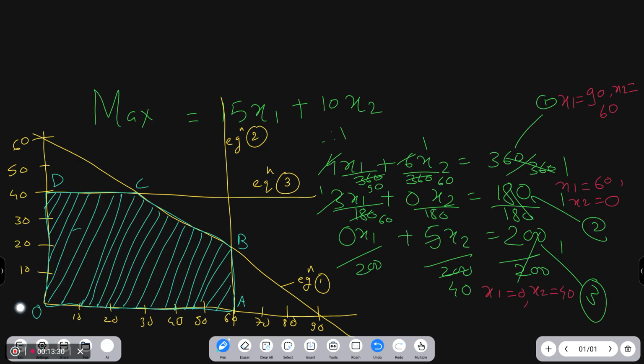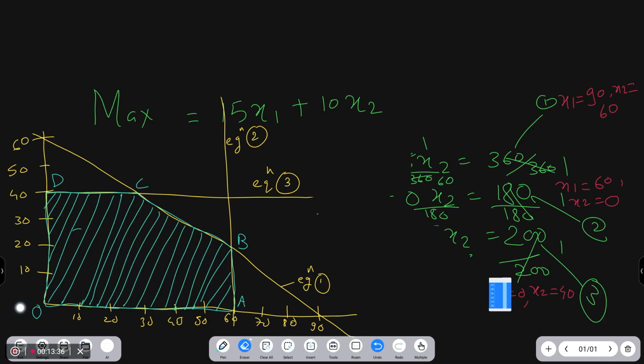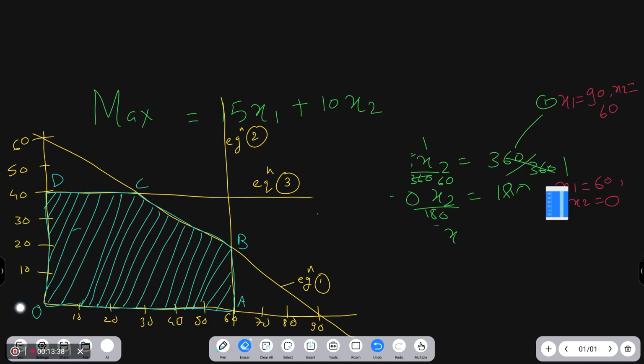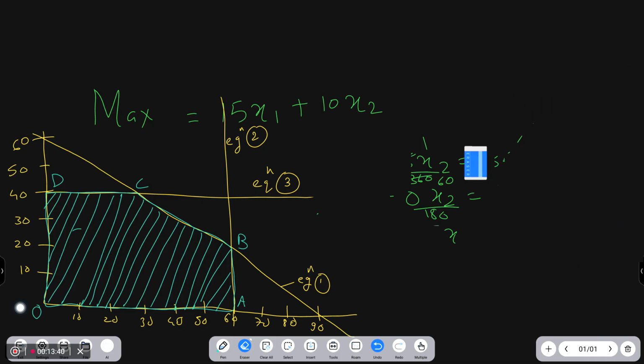Now in the next step you have to create a table. That table contains 3 columns.